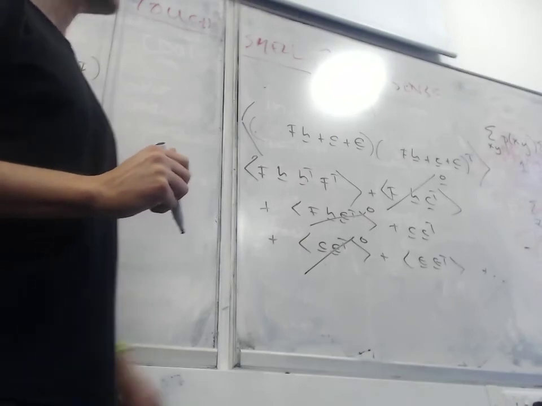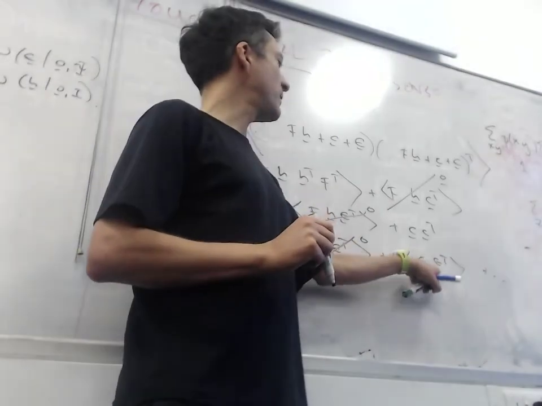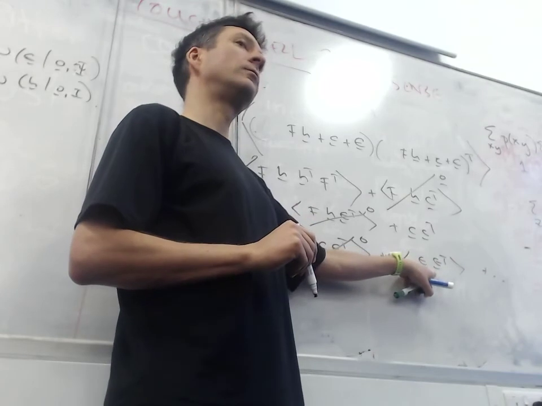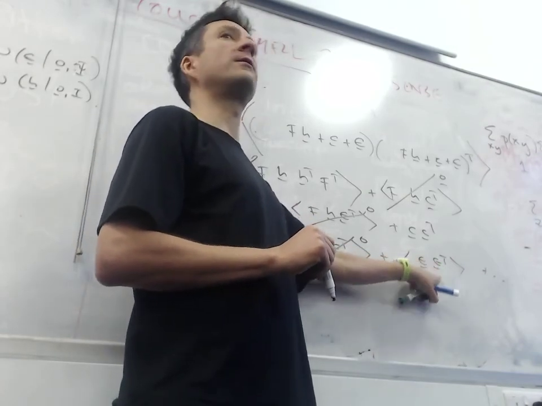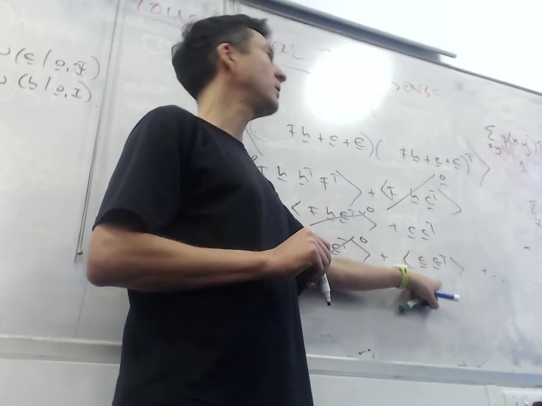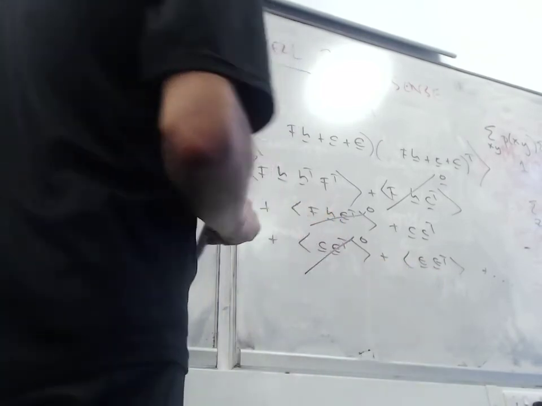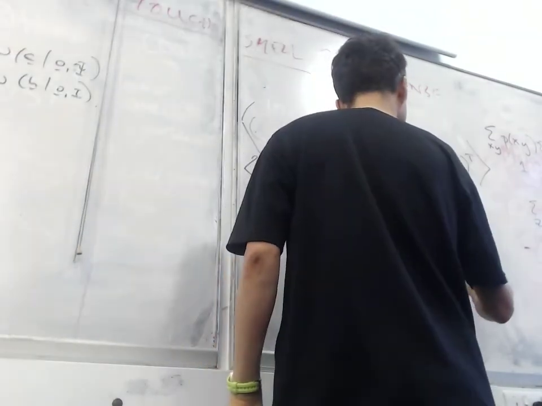And epsilon epsilon transposed: well, epsilon has mean 0, so this is the covariance of epsilon, which is given by psi. So this is just psi.